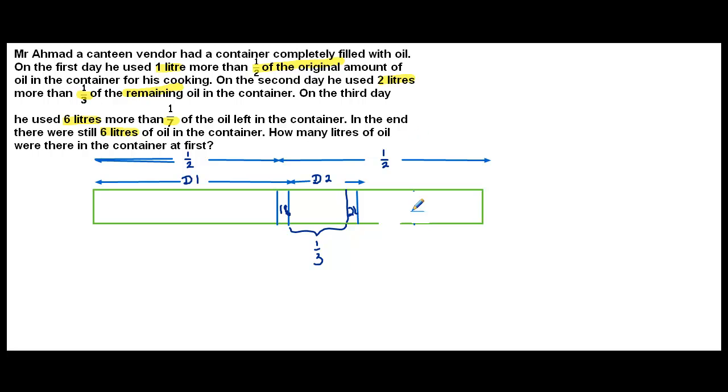We shall draw the line again. Alright, so now we will divide this into 7 equal units. 1, 2, 3, 4, 5, 6, 7. We shall divide it equally.